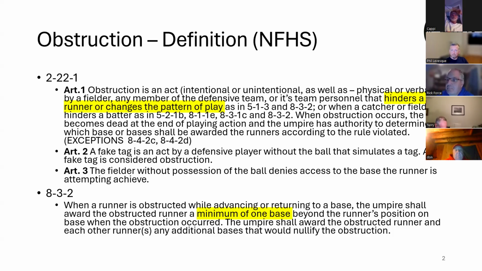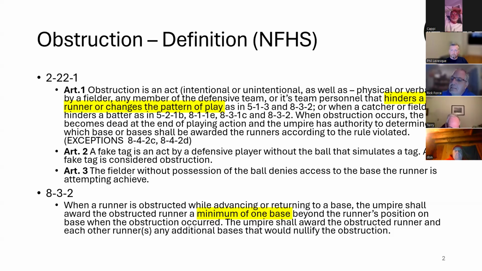In that same exact play, if the kid's trying to go to the front of the bag, and the first baseman is on the backside of the bag, there's no obstruction because he's going to the front side. So you can't have obstruction until the fielder actually obstructs him. Just because he's in a position that might not be the best position to be in doesn't automatically make him obstruct, but it also doesn't exclude the possibility of being obstructed.